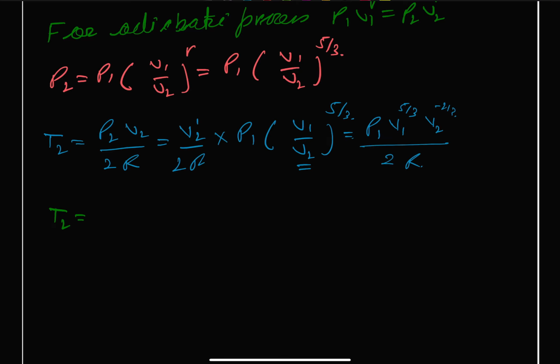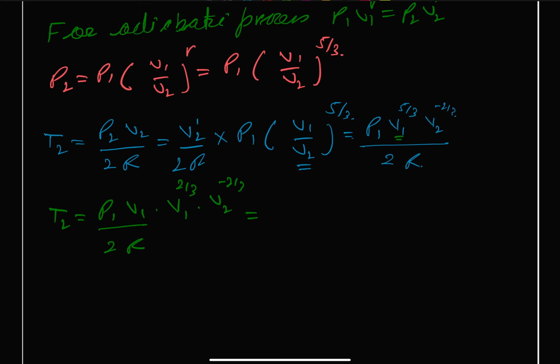And we can write this in terms of T1, so we get T2 equal to, because V1 to the power 5/3 we can write as V1 times V1 to the power 2/3, P1 V1 multiplied by V1 to the power 2/3, and V2 to the power minus 2/3, and whole divided by 2R.